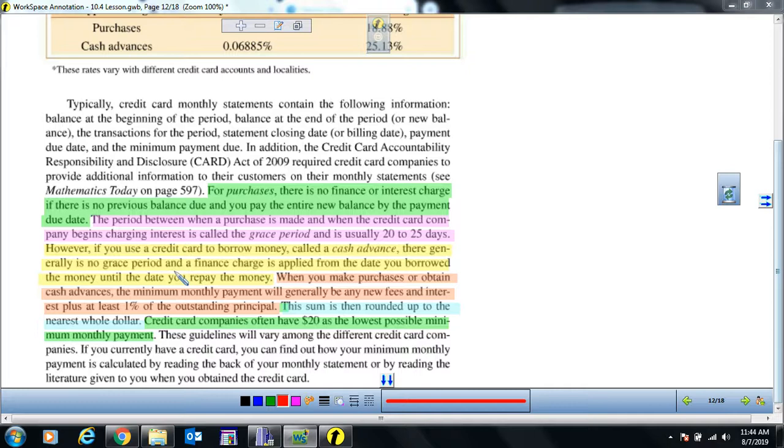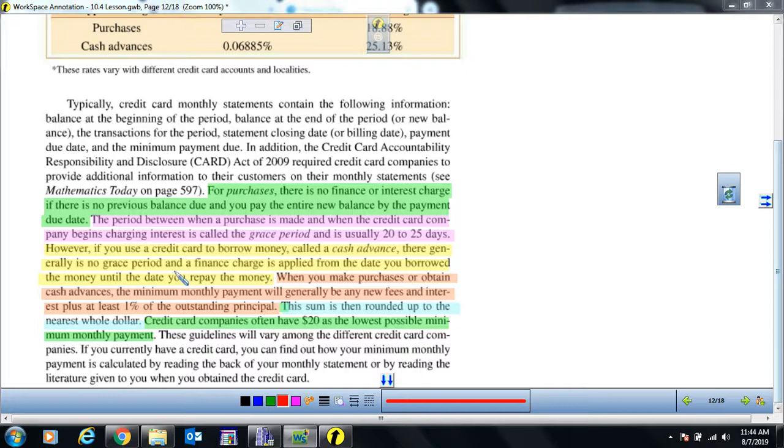But there's another option with credit cards. You can get money out of that. You can get a cash advance. Not necessarily going to the store and using the credit card to purchase something, but getting the money as cash for yourself from the credit card.